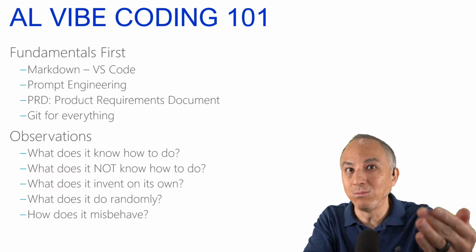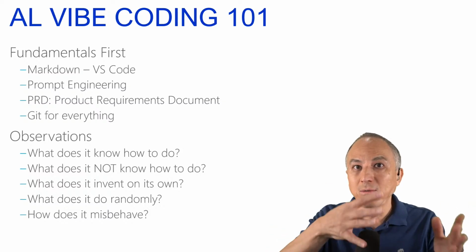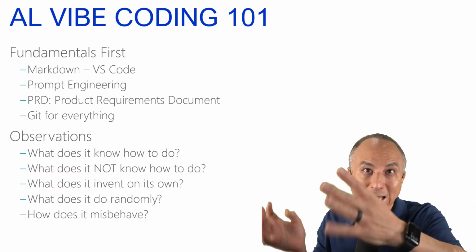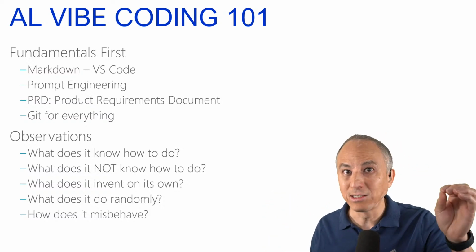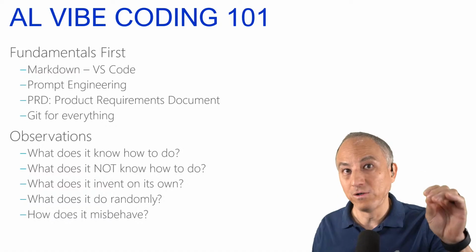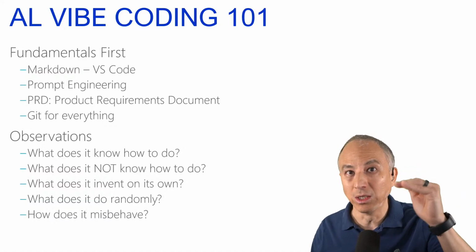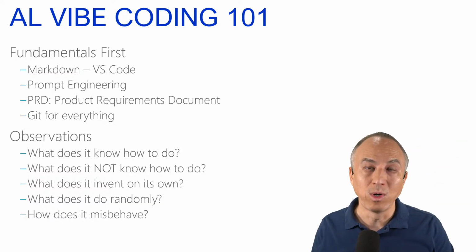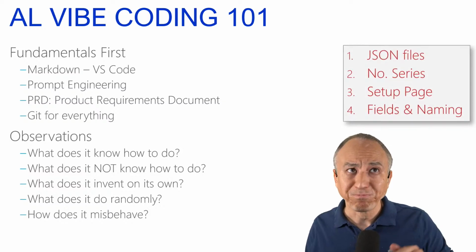What does it do randomly and how does it misbehave and go off the rails? I don't want to multiply that by 10 with 10 agents running amok doing crazy stuff. I want a hand-coded PRD. I want to fully vibe code this solution and see what it does from zero to completion and how it is going to go off the rails. And this was really, really informative and interesting for me.